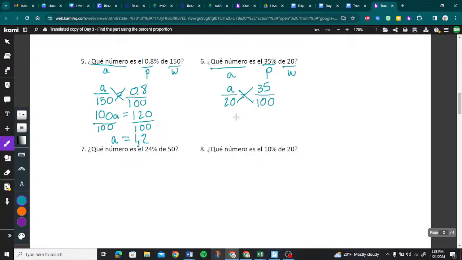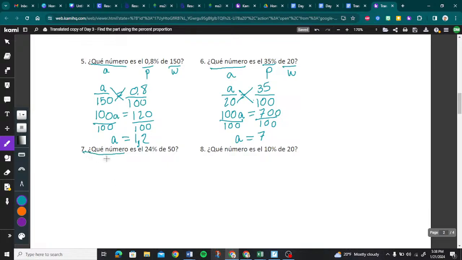Cross multiply. 100A equals 35 times 20, which is 700. Divide both sides by 100. And la part es 7.